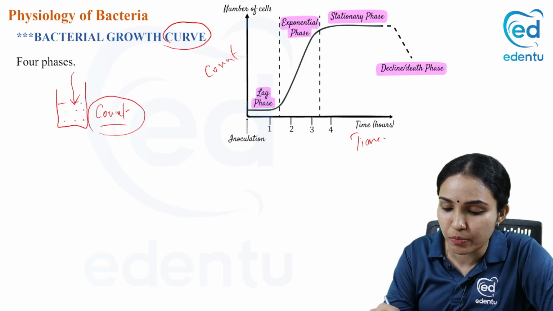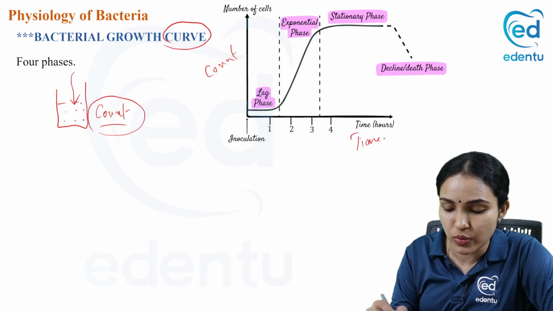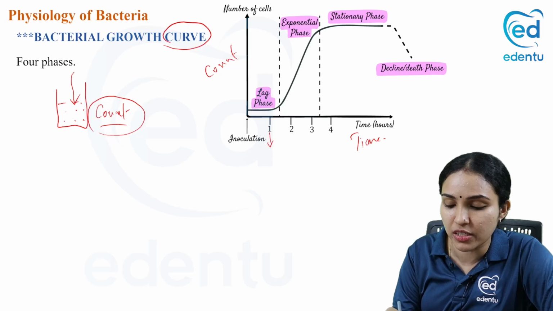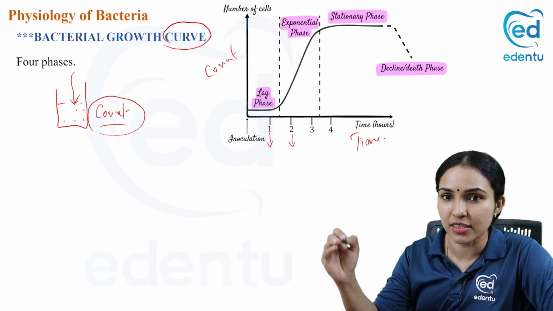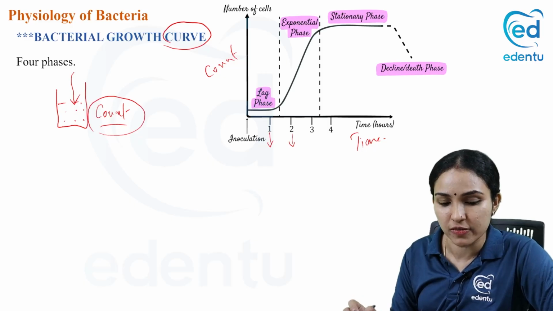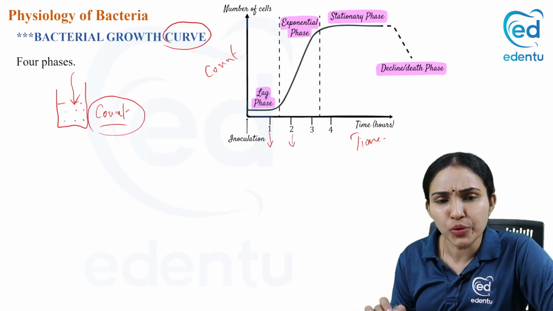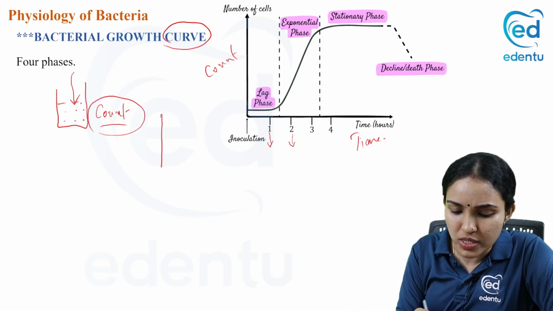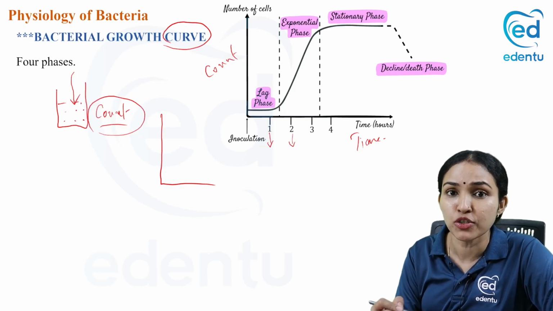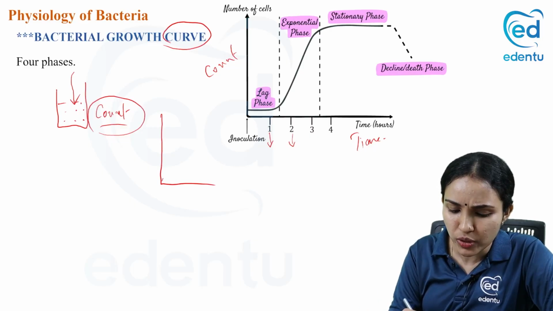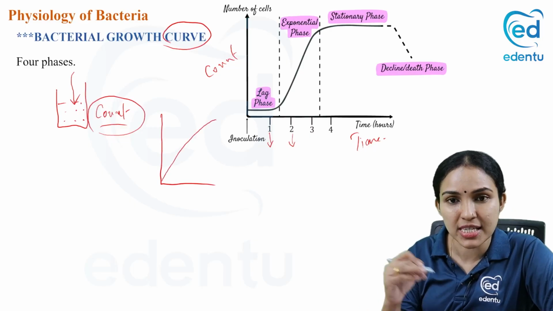You note how many cells of bacteria are present at each interval, like after 1 hour, 2 hours, 3 hours, 4 hours, like that. You can get a curve that is called the bacterial growth curve. Now, it's not just simple. Normally if the bacteria is replicating every 20 minutes, generation occurs every 20 minutes, you have to get a rising curve, right?